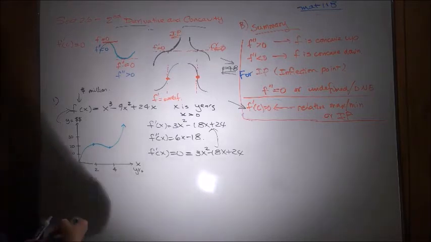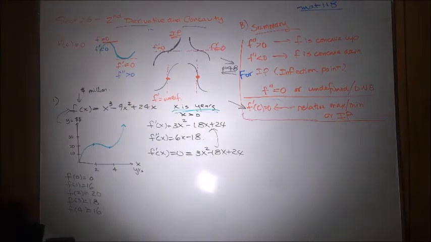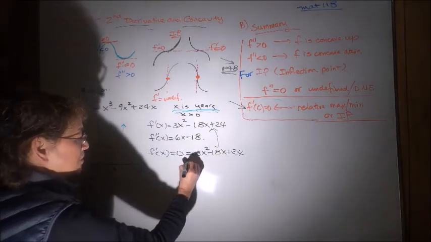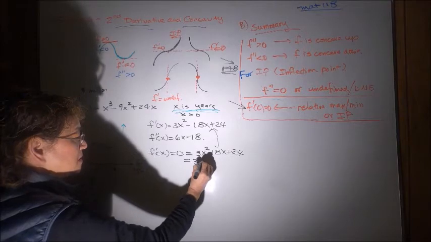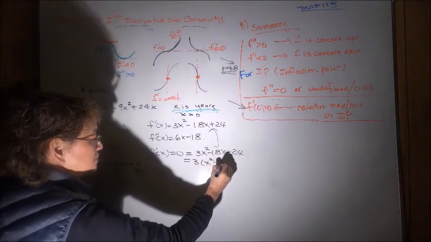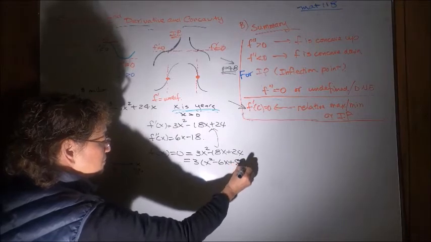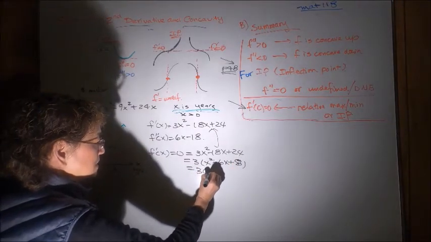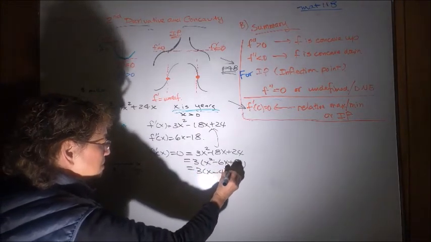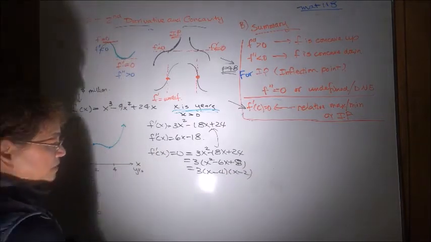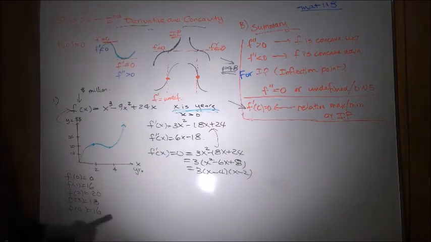Here x is the years along the way for the company. So if we solve it, that would be 3 times x squared minus 6x plus 8, do your factoring, right? Then you factor it, x minus 4 times x minus 2 equals 0.